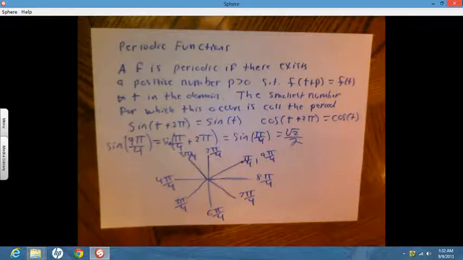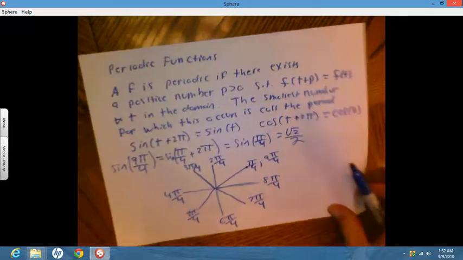Okay. So we're going to take a step forward, and we're going to look at graphing modified versions of sine and cosine.